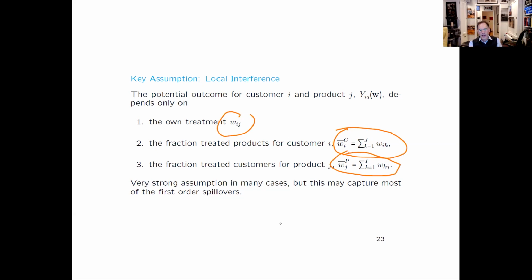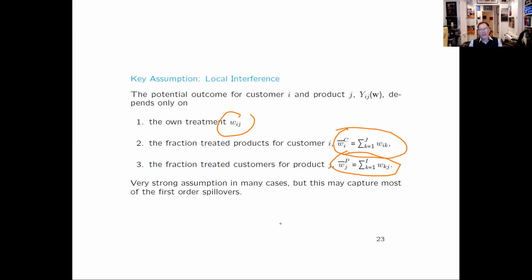Again, this is a very strong assumption. So it means that treating customer 2 and product 2 cannot affect what happens to customer 1 and product 1. The spillovers are only within rows of the matrix and within columns of the matrix, but they don't cascade further down.